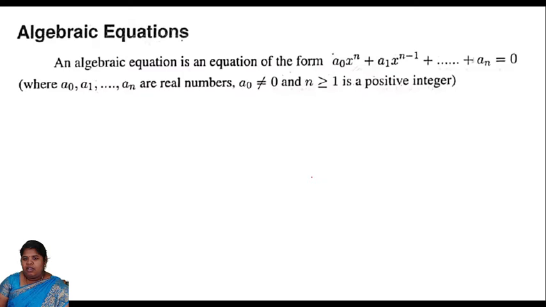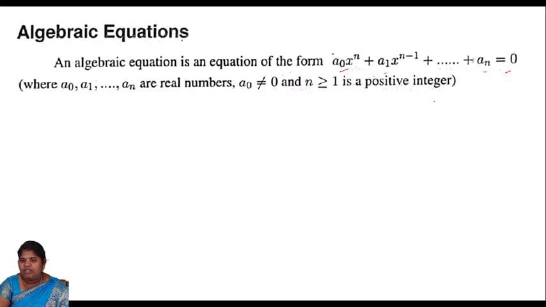Now, an algebraic equation is an equation of the form a0 x power n plus a1 x power n minus 1 plus etc. an equal to 0. So, this is the equation of algebraic form where a0, a1, etc. an are real numbers or constants, and the condition is a0 is not equal to 0.